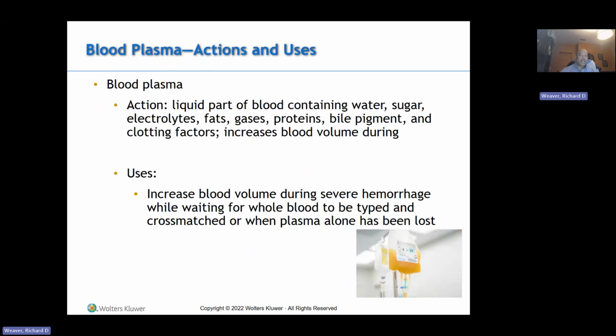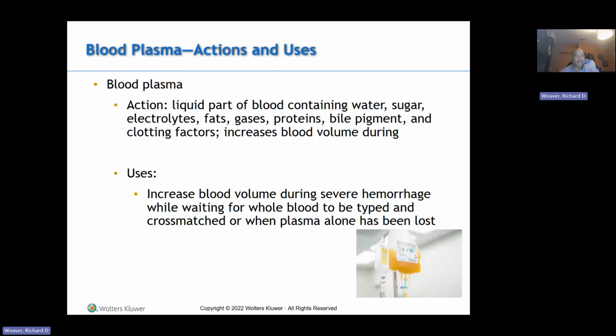Human plasma, which is also called human pooled plasma, is obtained from donated blood. So people donate blood in order for them to get that part of the blood, the plasma. Although whole blood must be typed and cross-matched, that's whole blood that contains the blood cells, plasma does not.